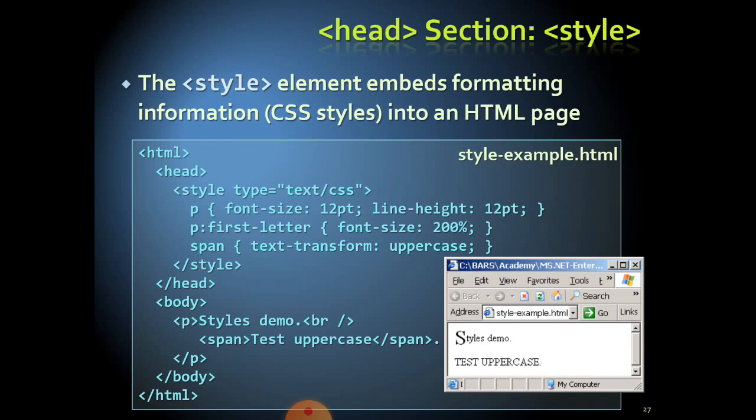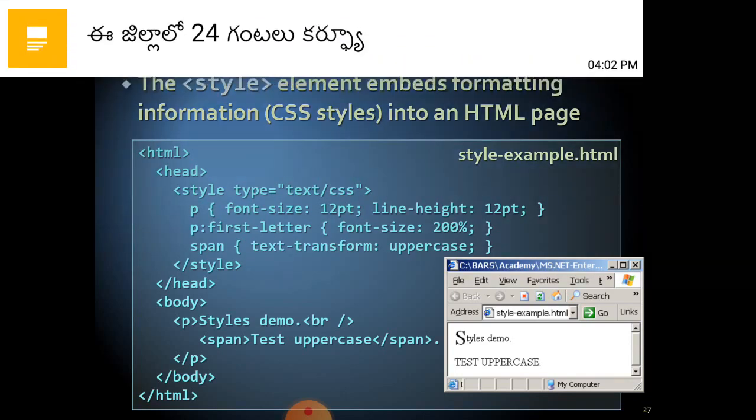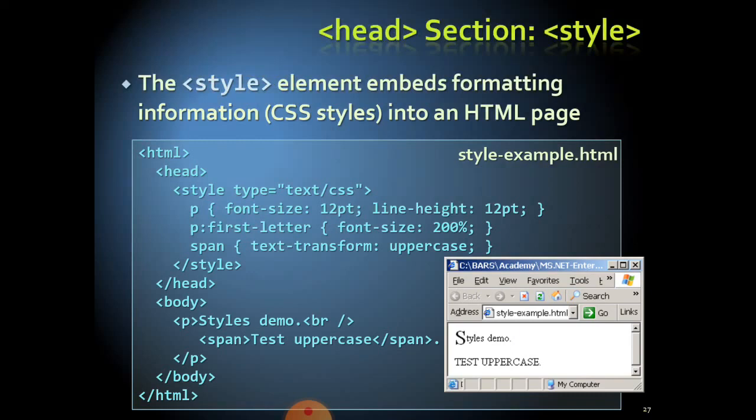If I increase the first letter font size, I can give font size equal to 200%. The font size is 12 points and line height is 12 points. First letter font size equal to 200%, like that we can increase the sizes. Here is the example and also the output. The first letter S is increased by 200%, that's why it is looking big. This is the small example.